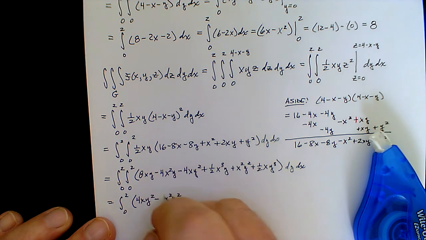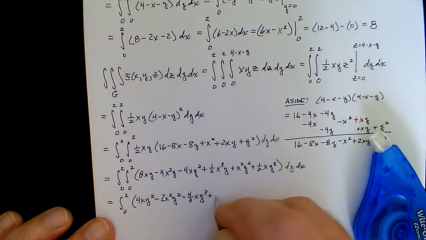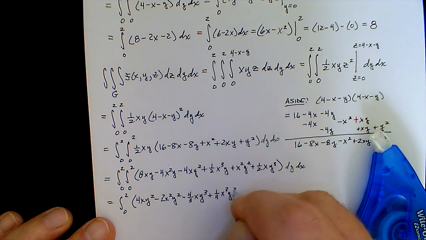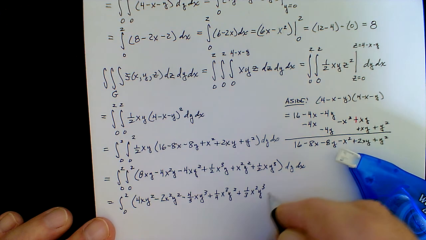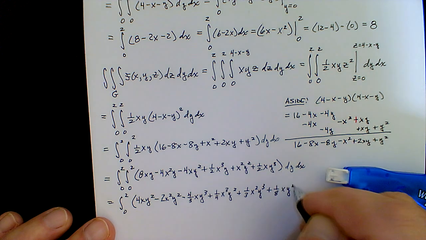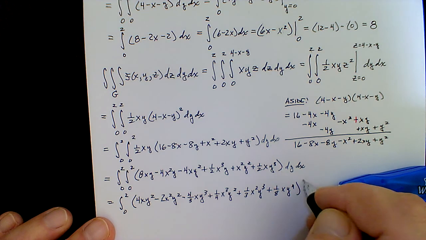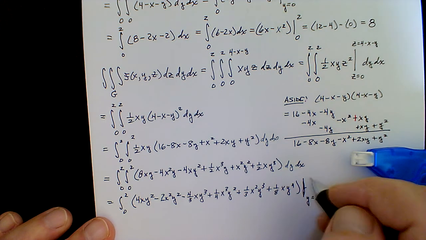This would be minus 4/3 xy cubed plus 1/4 x cubed y squared plus 1/3 x squared y cubed, and finally plus 1/8 xy to the 4th. And that says y goes from 0 to 2. And then that's with respect to x.